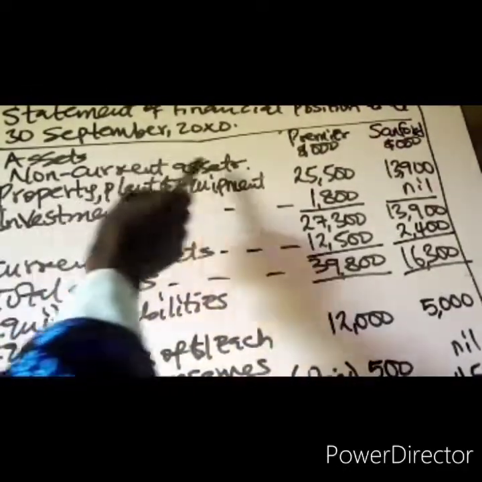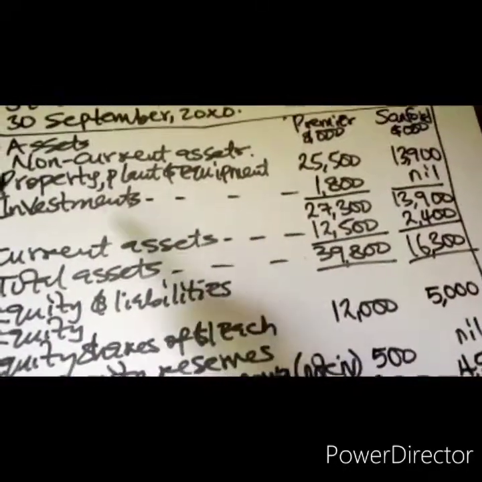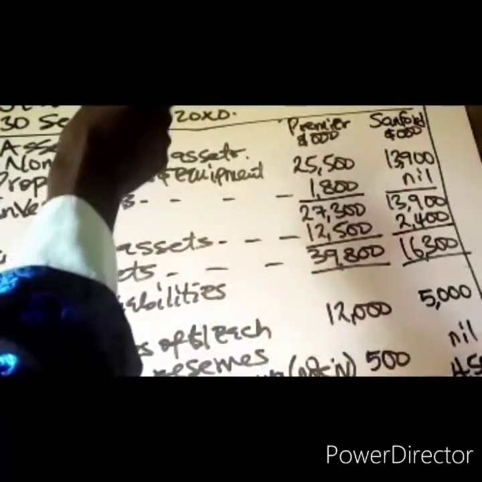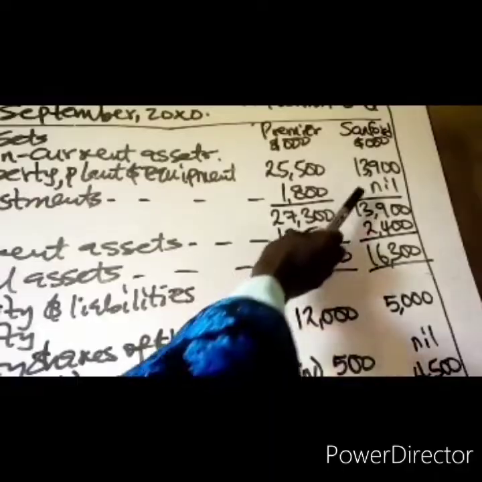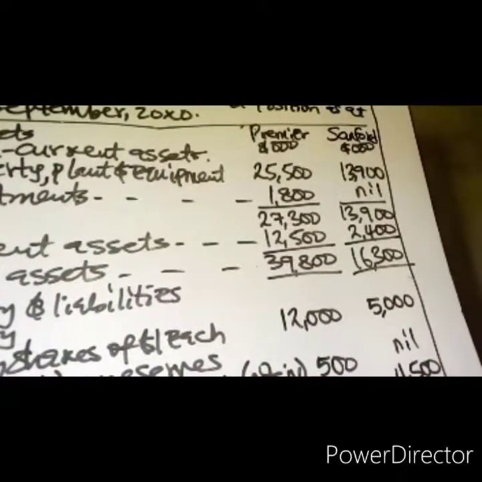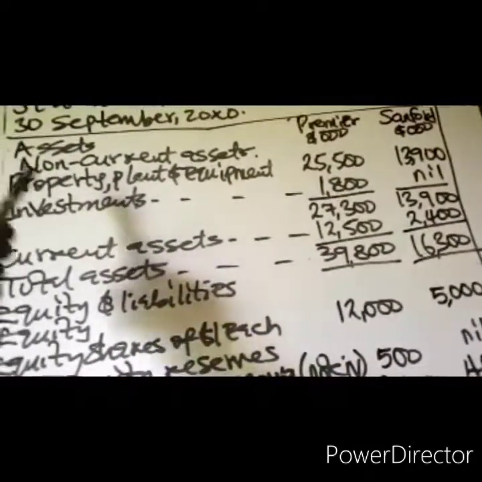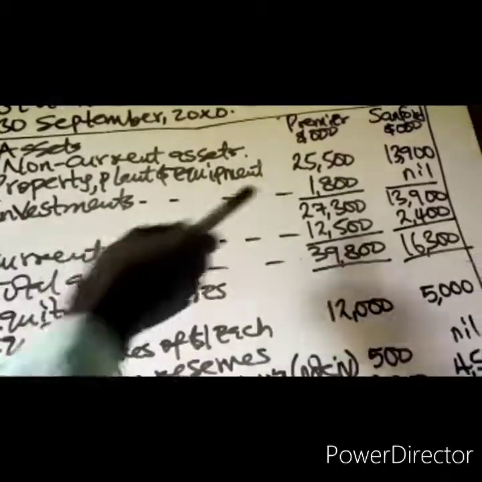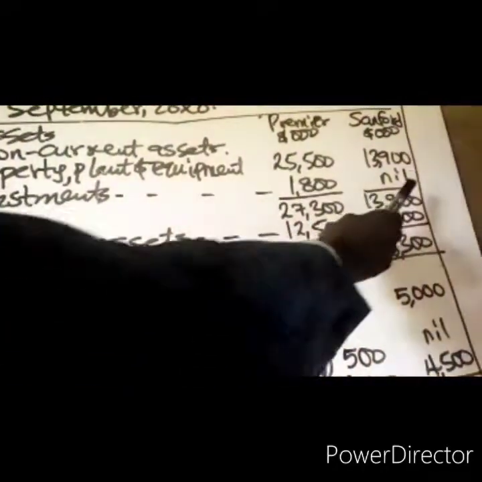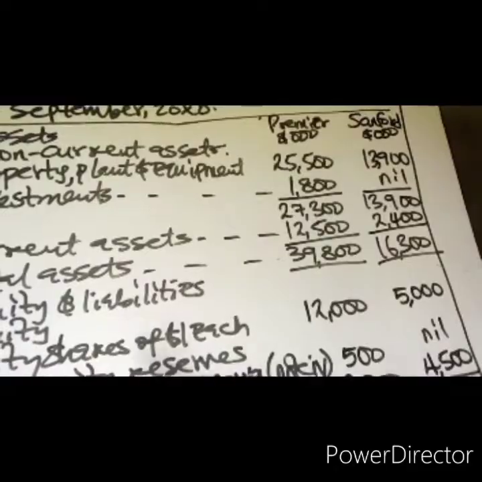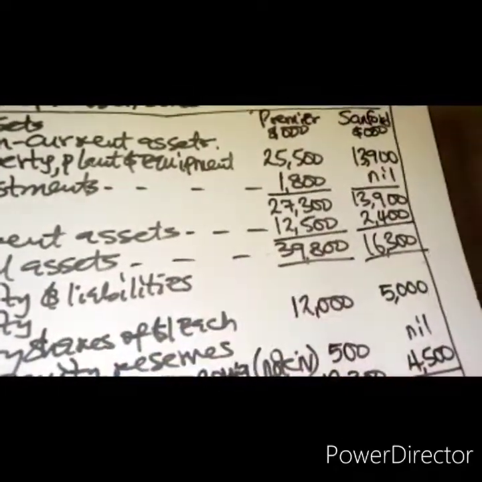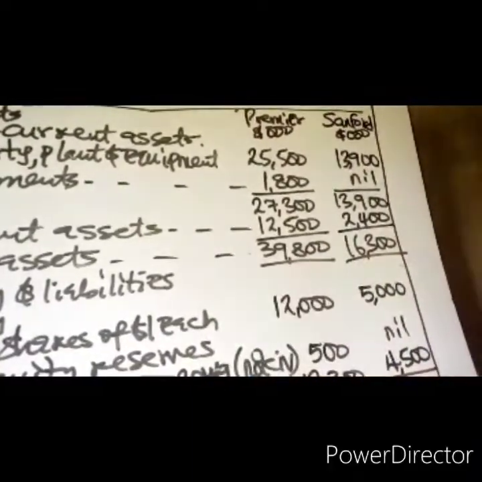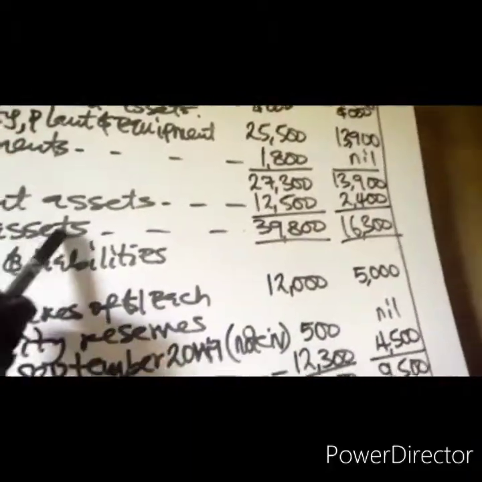Non-current assets, which include property, plant, and equipment of 25,500 and 13,900. We have investments 1,800 and nil. Current assets 12,500 and 2,400.